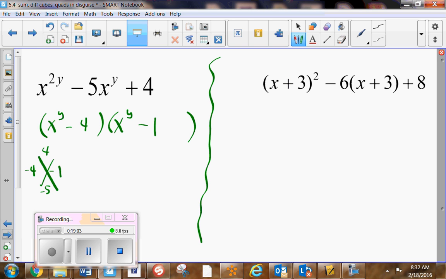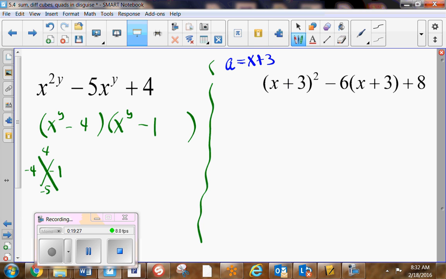You can say, you know what, I'm going to let plain x be x plus 3. And then every place I see an x plus 3, I'm going to stick in an x at first, work it out, and then at the very end, stick back an x plus 3. Matter of fact, let's not call it x. Let's call it a. Let a be x plus 3.